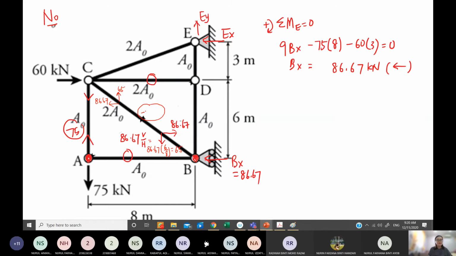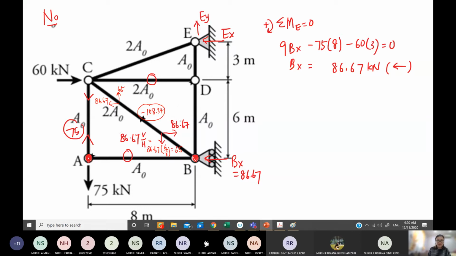It will be a negative force, 108. Yes, 3, 4, 5. Okay, so now I can solve for joint C, or joint B, there is one more left, vertical, which is 65.